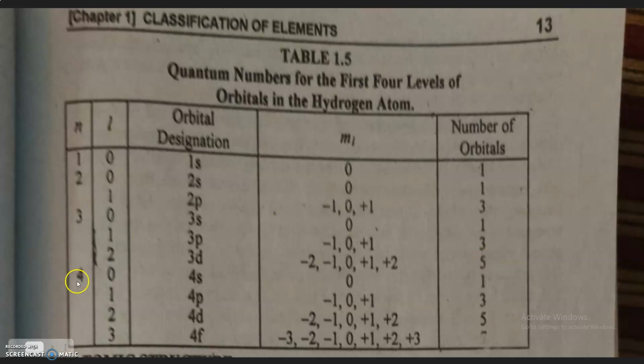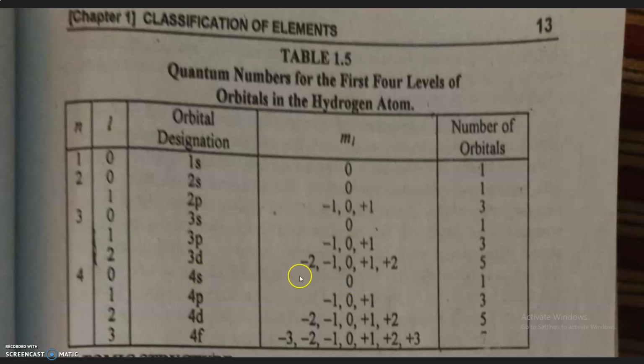If the principal quantum number is 4, the azimuthal quantum number will be 4 minus 1, which is 3. So you have to go from 0 till 3: 0, 1, 2 and 3. The orbital designations will be 4s, then 4p, then 4d, and then 4f. What are the possibilities of the magnetic quantum number?